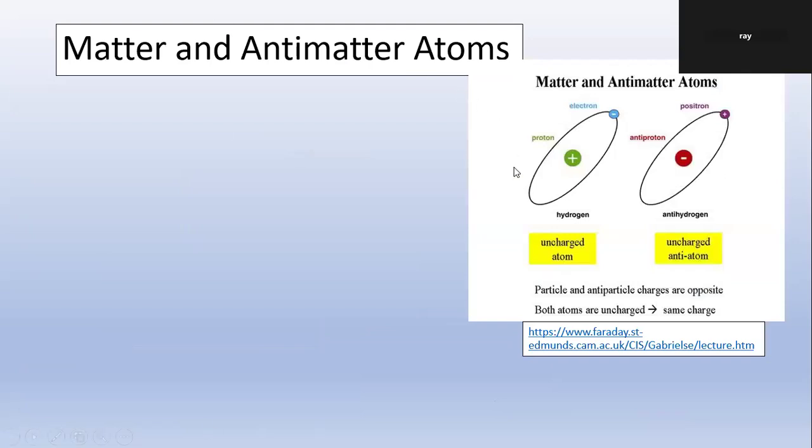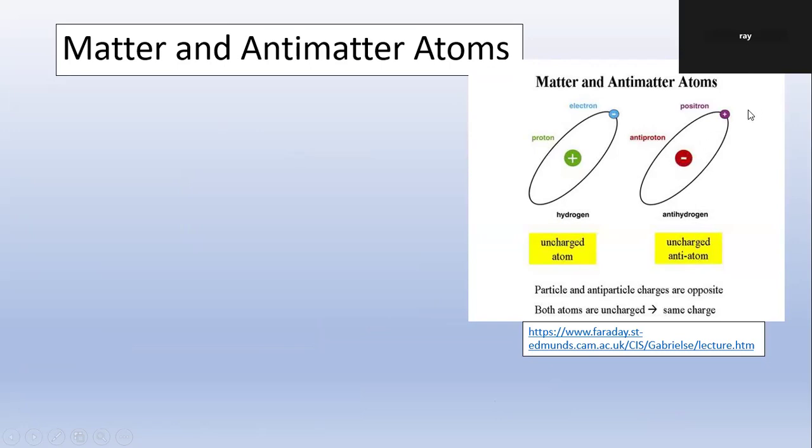Matter and antimatter. You have uncharged hydrogen. The nucleus is one proton and then one electron. Anti-hydrogen, the nucleus is negatively charged, same as a proton but negatively charged.